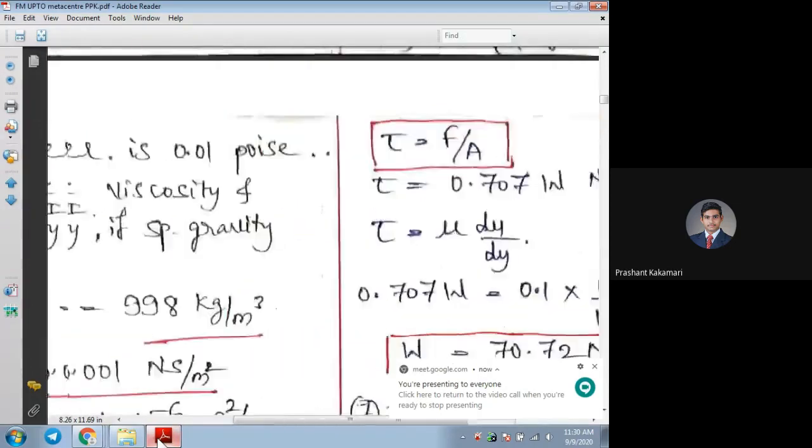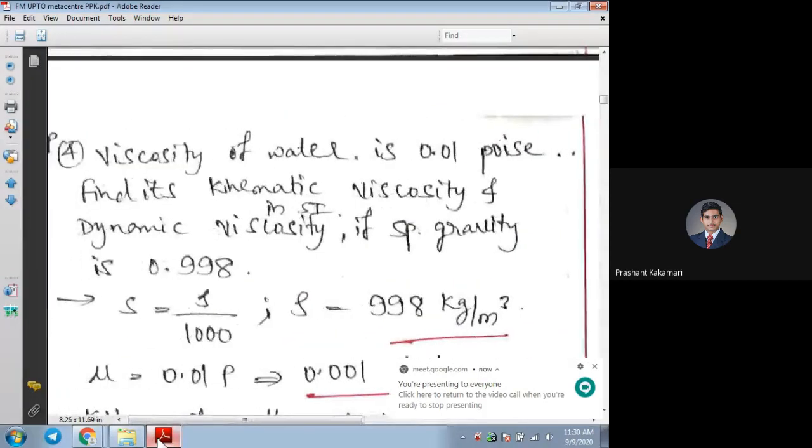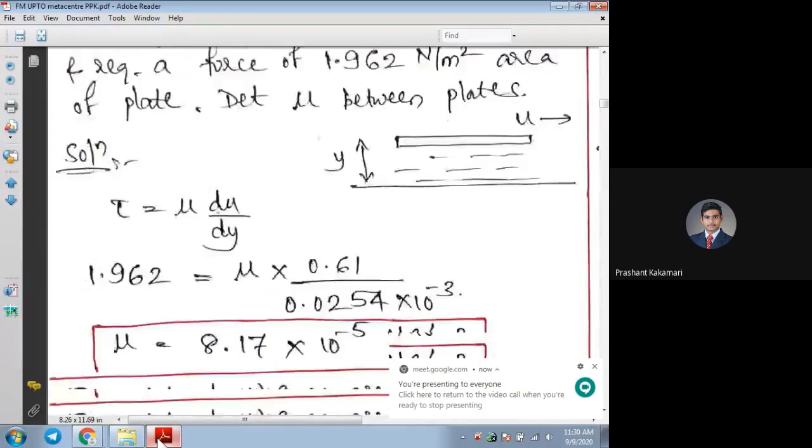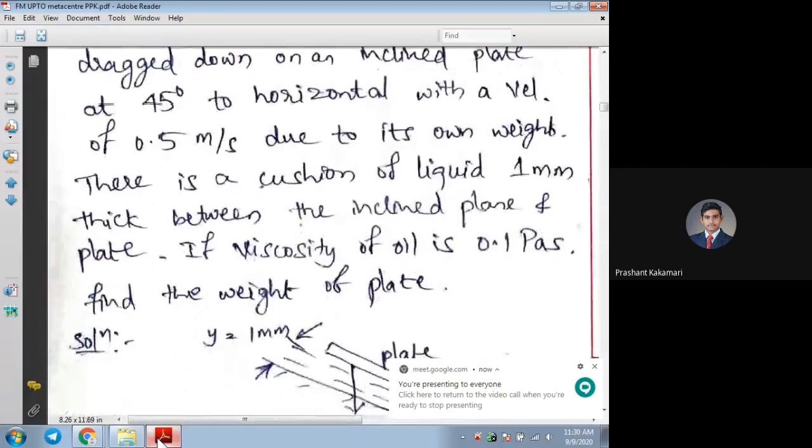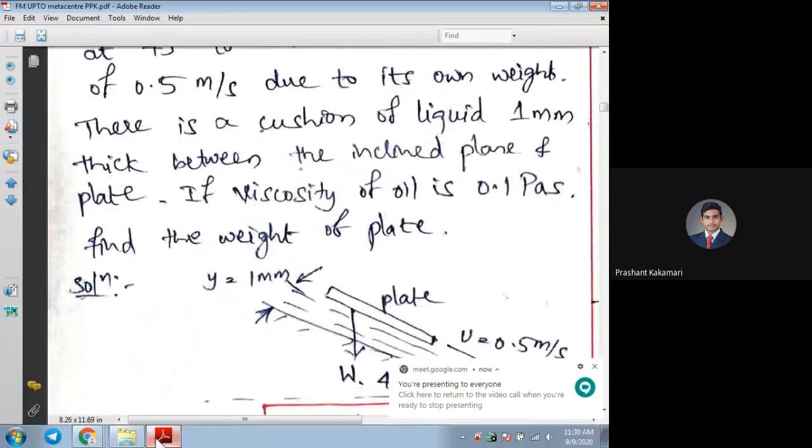So I'll repeat this problem once again. What we have done? We have taken two plates. One is fixed, one is moving. Both plates are at an angle of 45 degrees. This is a special case, angle 45 degrees.